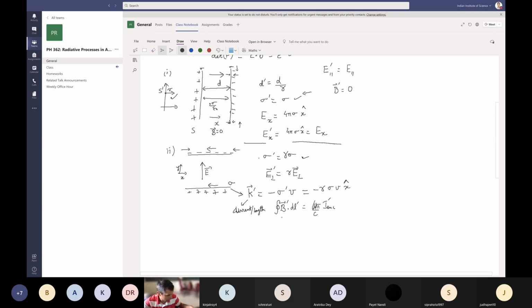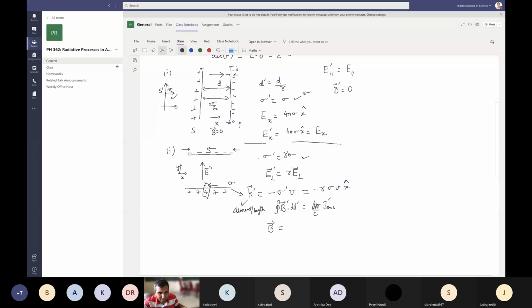So what do you get for that? Right now you can actually construct an Amperian loop like this in the prime frame, and this is the current density.